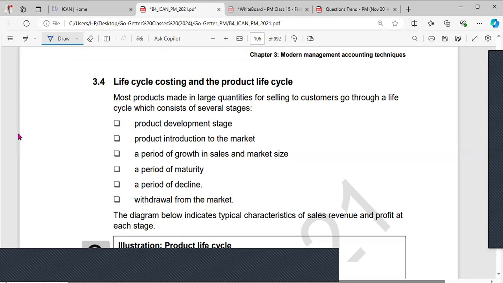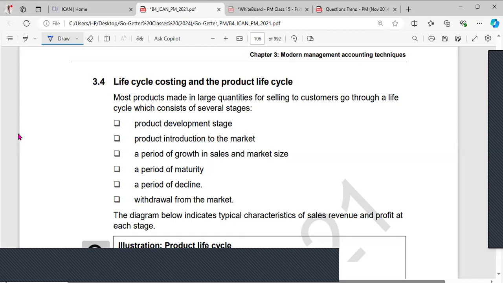So we have market size and market share. Market size, you are increasing your size in the market. Period of maturity, then you have increased your market share. So for you to maintain or increase your market share, you have gone to a maturity period.